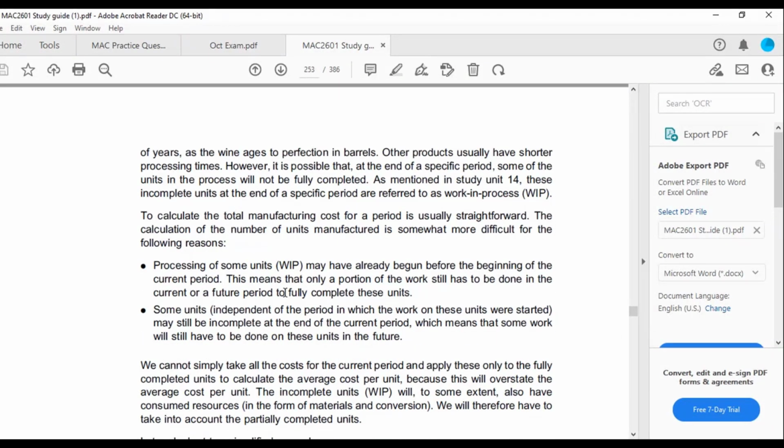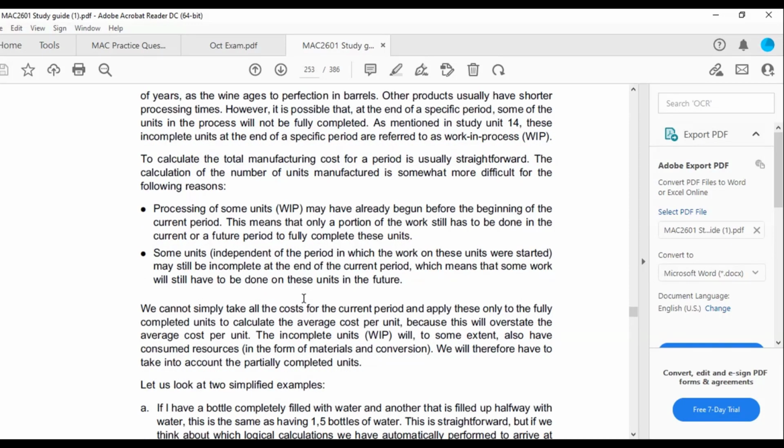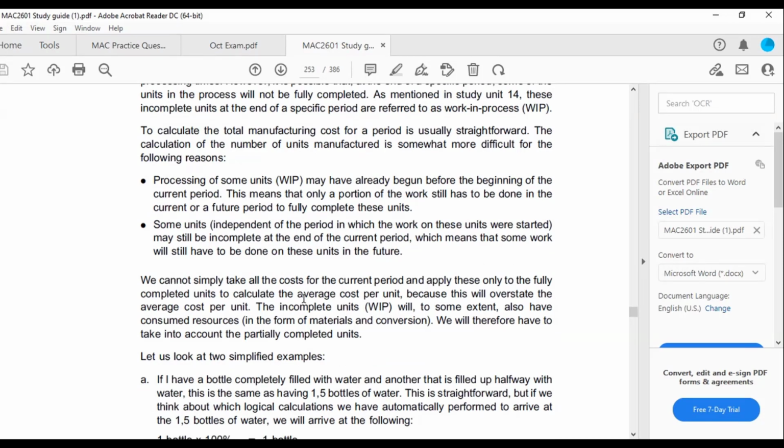However, one needs to be aware that at the end of a specific period, some of the units will not be fully completed, right? As a result, that's how you end up getting work in process, because at a certain period your product will be incomplete.